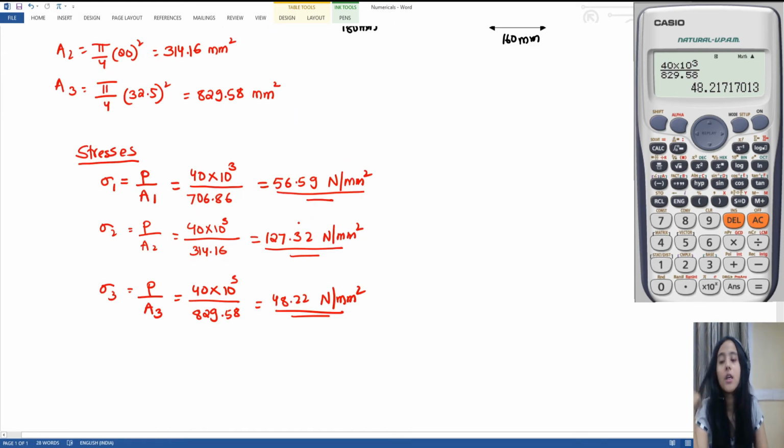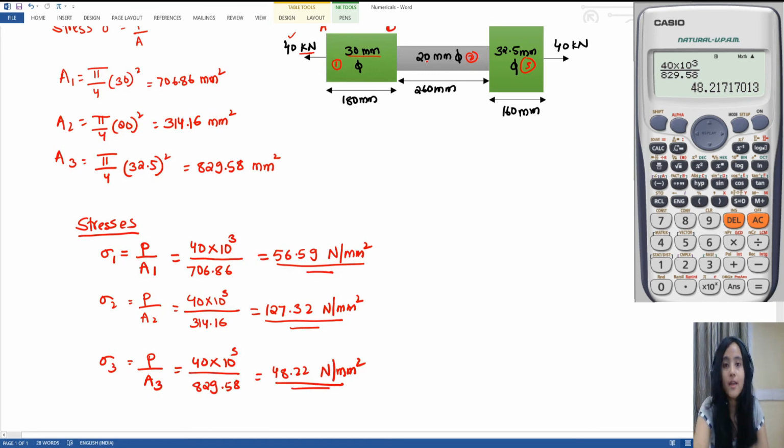So from these three stresses, we can say that this middle section is having more stress as compared to the other two sections. Section number 3 is having the least stress among these three sections, and section number 2 is having the maximum stress.